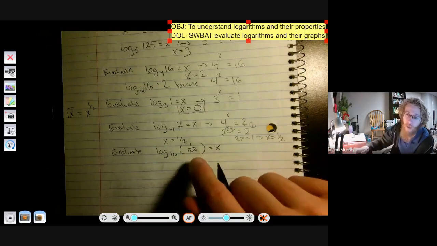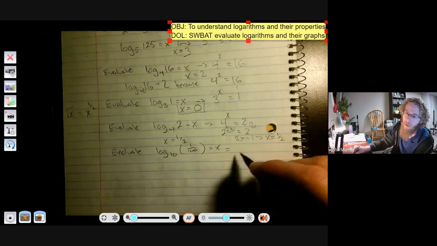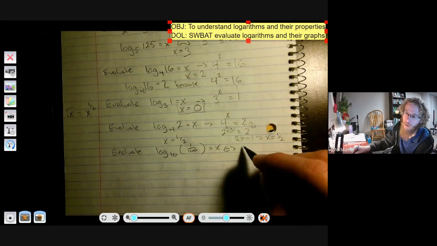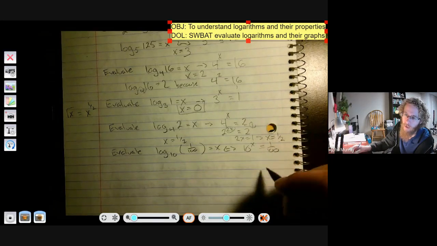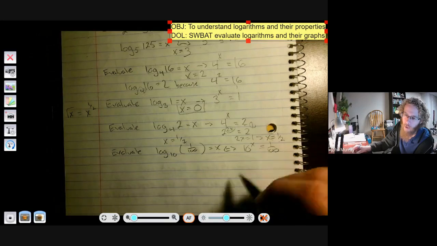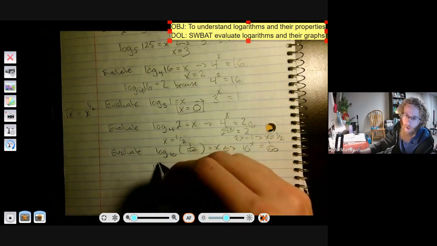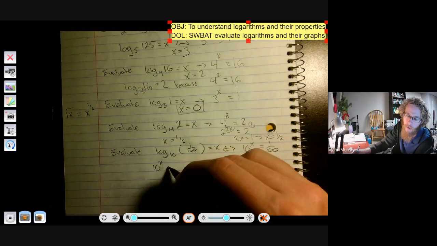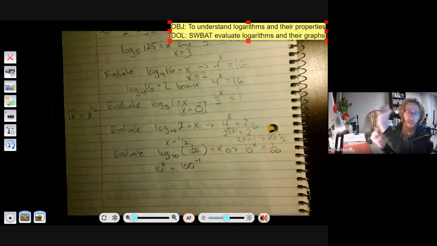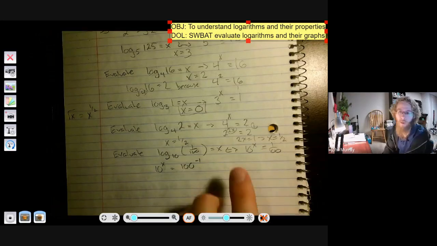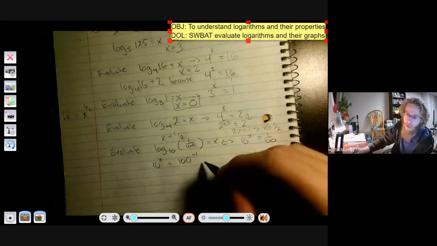All right. So here, I want to know 10 to what power gets me 1 over 100? Well, I can rewrite 1 over 100 as 100 to the negative first. Anytime we have a fraction, I can bring it to the numerator with a negative exponent.